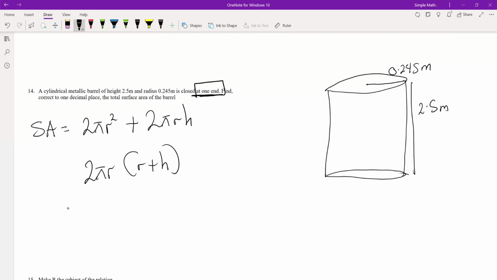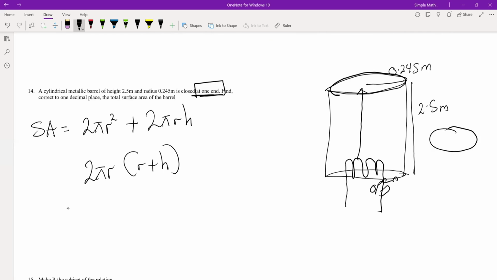It means that one end has a circular surface and one end is open. So just imagine if you put your hand here, you won't be touching a circular surface. Your hand will go inside until, depending on how long your hand is, you touch the surface here. So it means that we only have one circular surface.